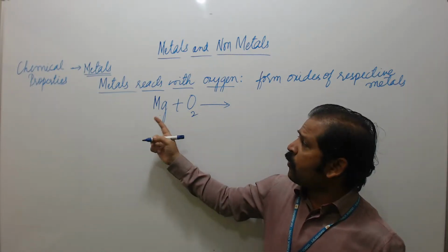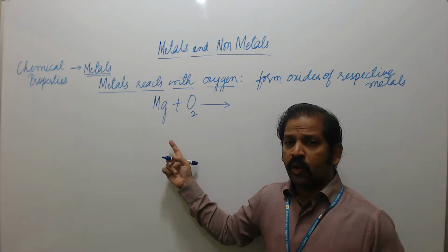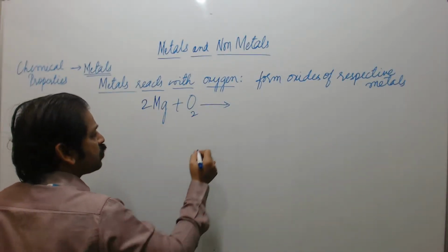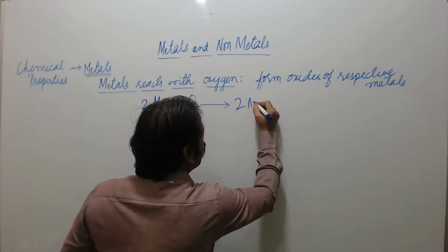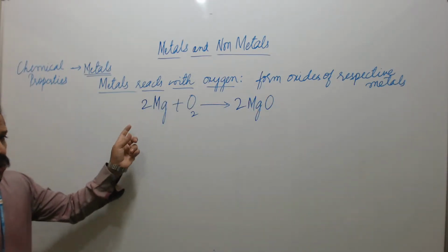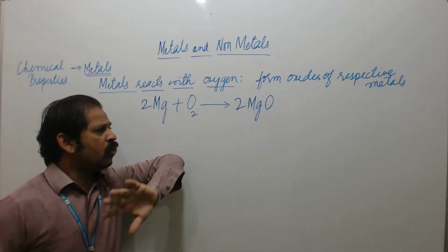And we have even balanced this reaction: 2 Mg plus O2 will form 2 MgO.